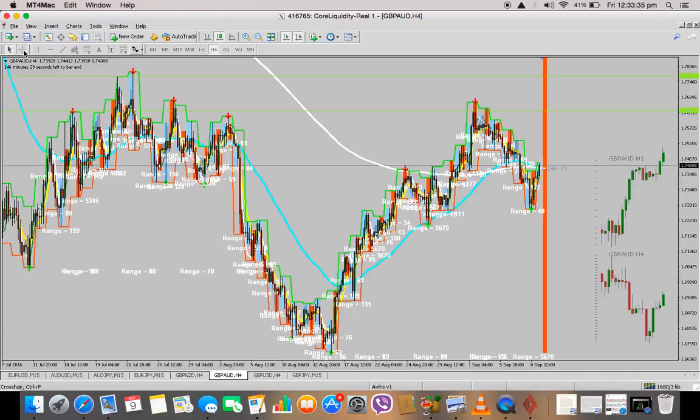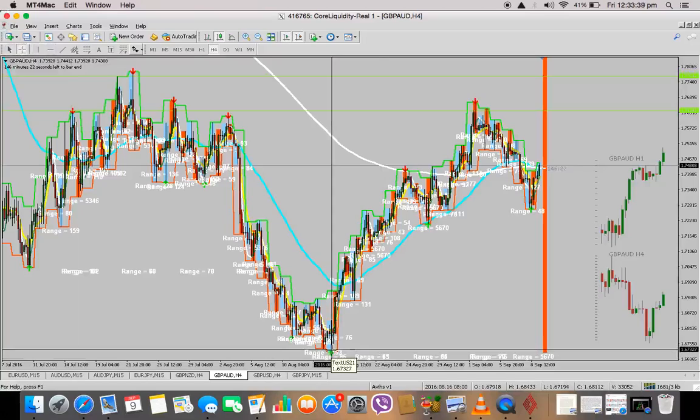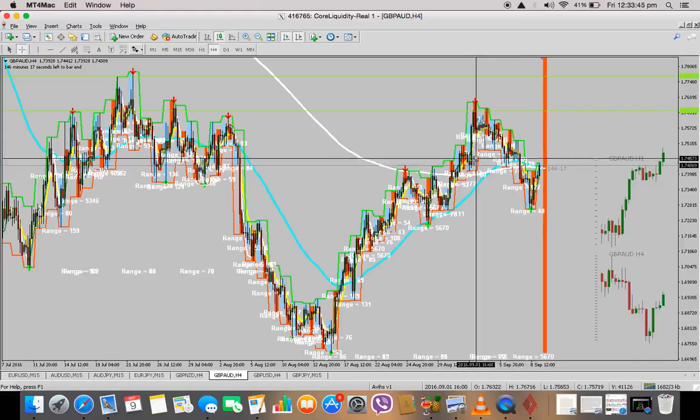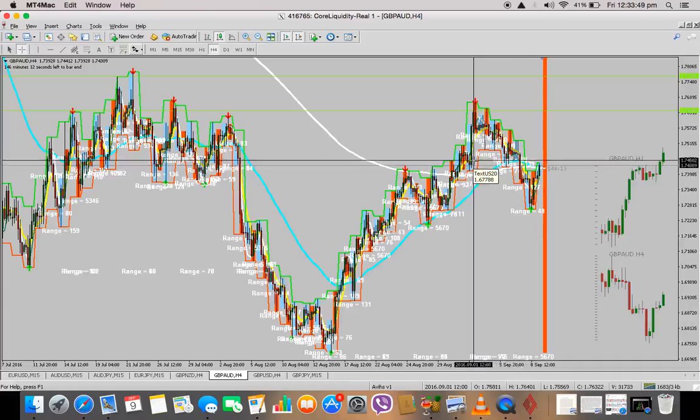Duration wise, this is at the earliest 16th of August, and the top of this is the 1st of September. So that's about a 15-day trade, and in 15 days you would have banked about 970 or so pips, right? If you want to trade longer term, this is how we do it.